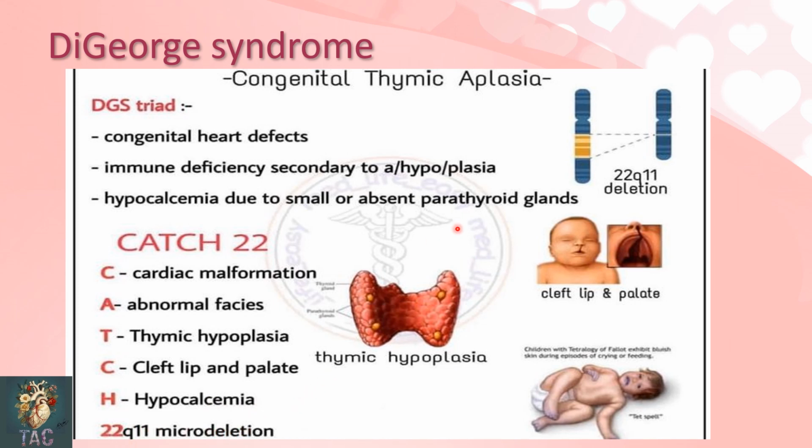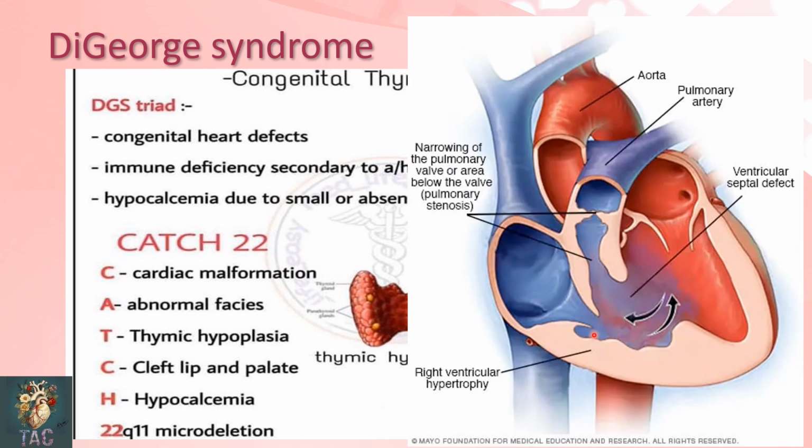In DiGeorge syndrome, the heart defects, as you can see in this diagram, will be narrowing or pulmonary stenosis as well as ventricular septal defect and right ventricular wall hypertrophy. The condition resembles more or less the tetralogy of Fallot. So this is the DiGeorge syndrome because of deletion in chromosome 22q11.